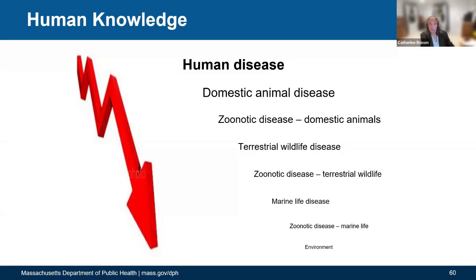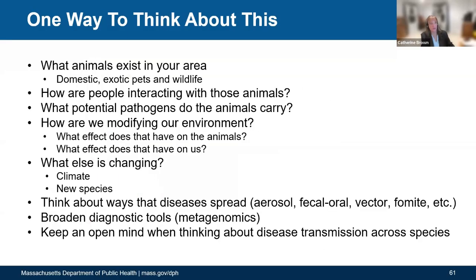So we're at this information deficit, and yet hopefully I've convinced you that the more and more interactions, and the more and more variability of interactions that we have between humans and animals, the greater the possibility and the opportunity for disease transmission. So one of the ways that I encourage people to think about this is to think about, in your world, right?